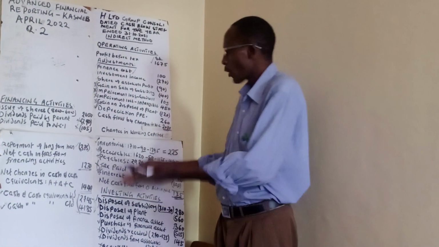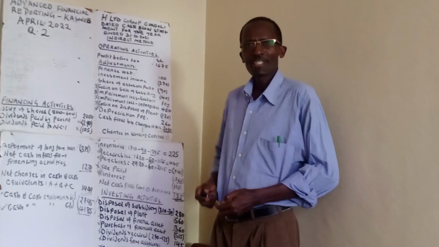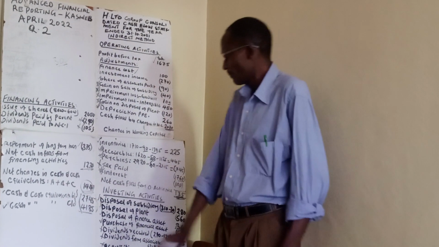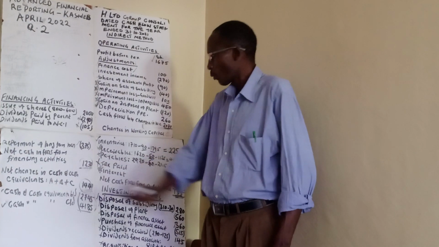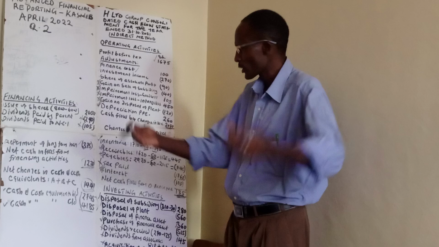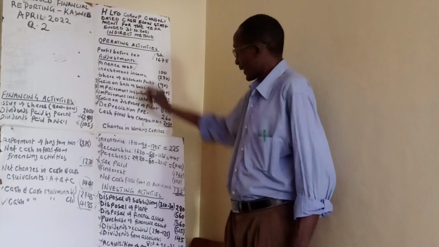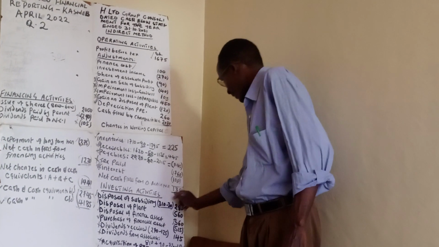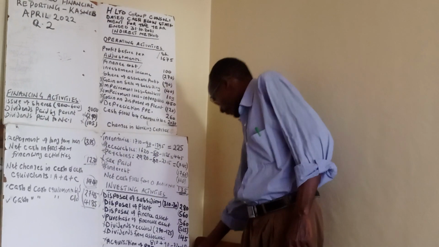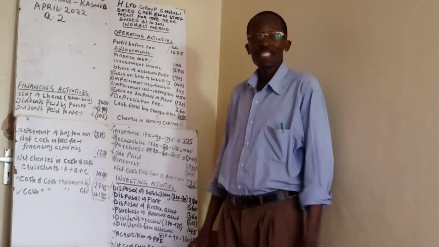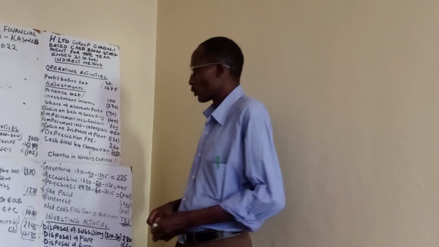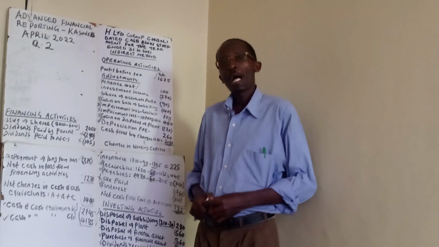Explain to us where that difference came from. So we have explained that of the 1440, 1230 was from financing activities, some money coming in, others going out, and then the operating activities we have 135, some of it coming in, others going out, and then 75 was coming from investing activities, some getting in, others going out, and we are able to present our cash flow statements accordingly.